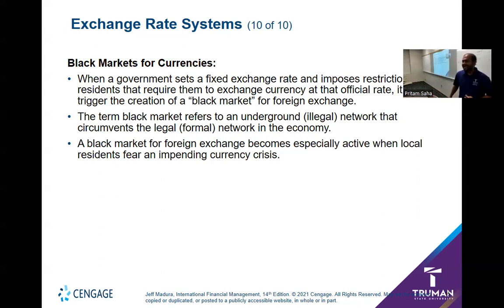So if you go to developing countries, one of the main fears of the government is that if I allow my country's people to send money outside, they'll do a lot, and my currency is going to be weakened. Make sense? There are a lot of countries, including my country, where you cannot transfer your currency to the US or anywhere.